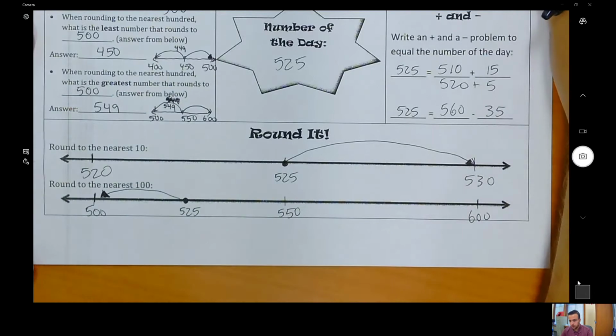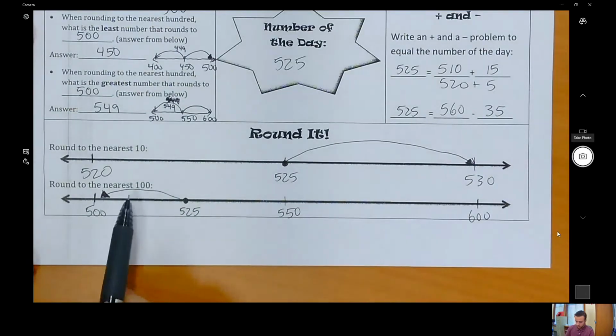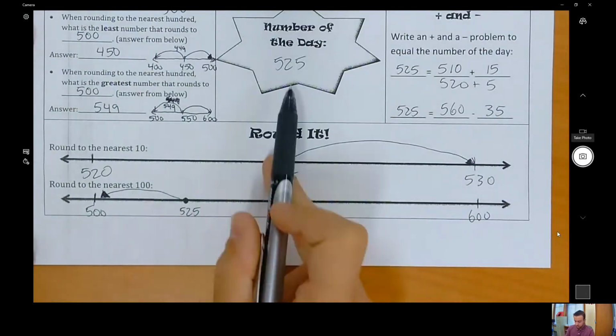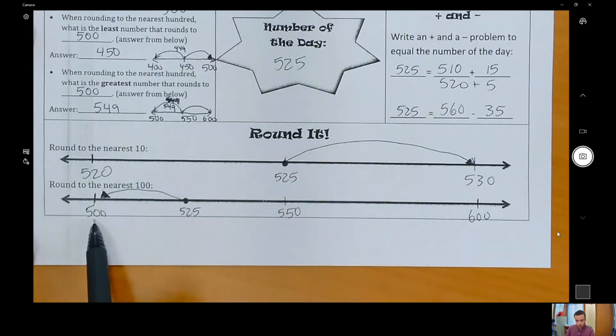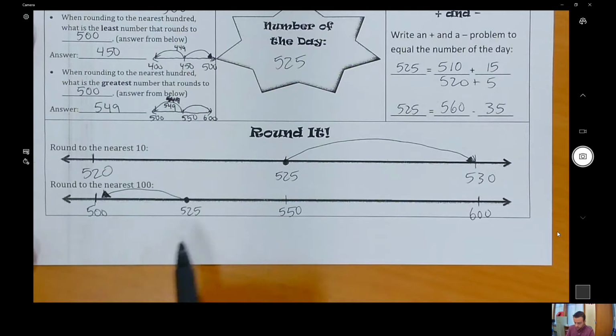Same thing for nearest 100. 525, the nearest 100 below is 500, so that's why I put 500 on the left. The nearest 100 above is 600, so that's why I put 600 there. I put 550 in the middle to help me round, and then I put my number in its place with a circle there, a little dot to show me.